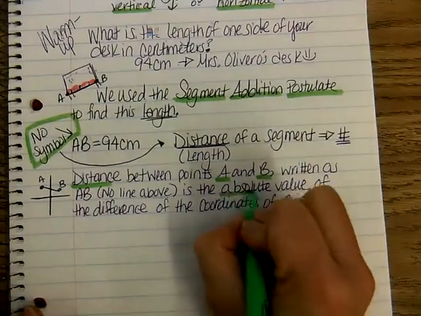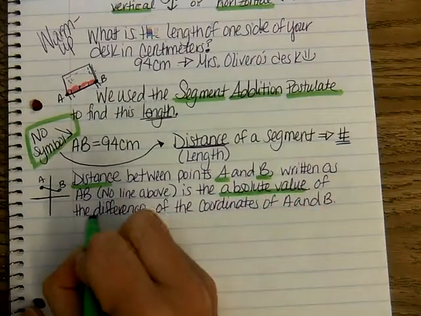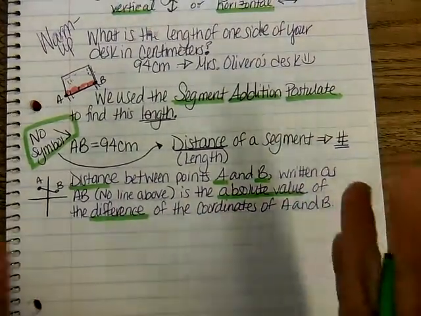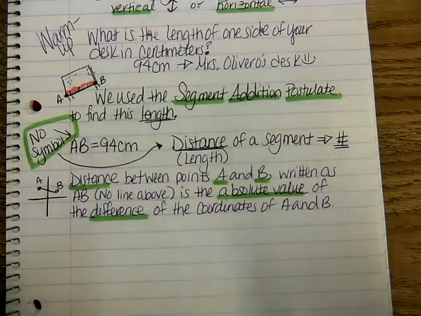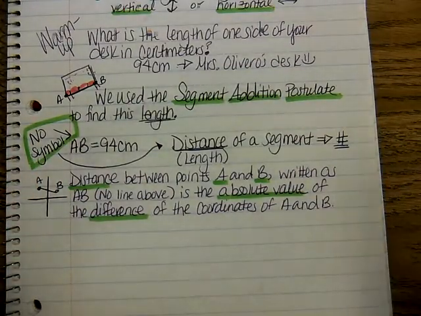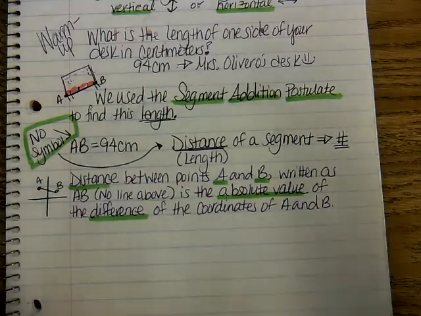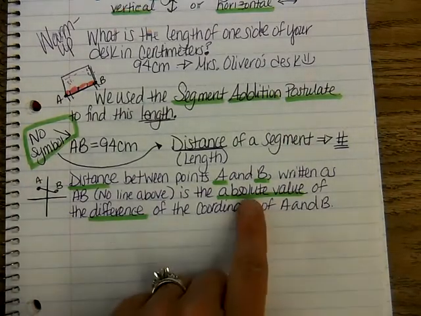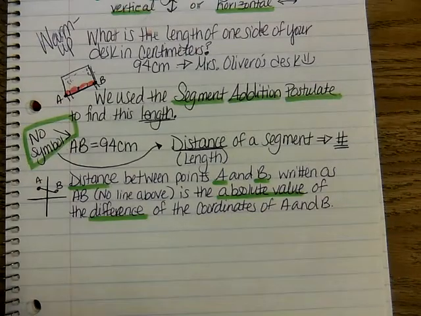It is the absolute value of the difference. That means that we would subtract two different numbers. We would subtract their difference and be able to identify the distance between them. Absolute value simply means that we are talking about a positive number.